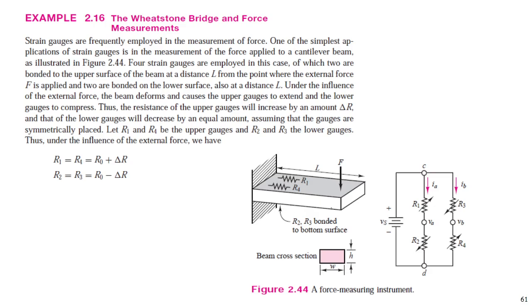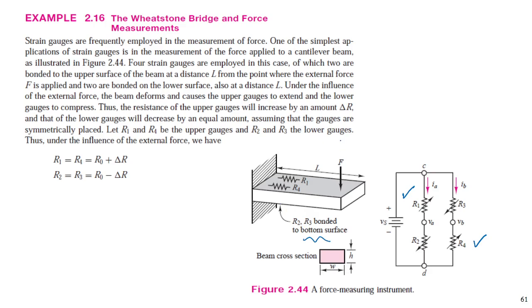Put it on a beam here. This is the beam cross section, W and H, like this. This is the resistance R1, R4 is here, and R3 and R2 are on the bottom surface like this.